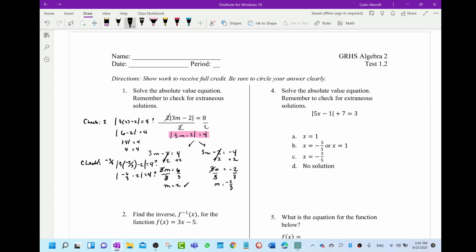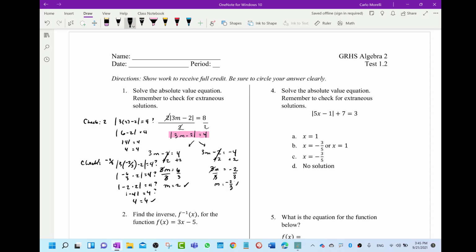And then negative 6 divided by 3 is negative 2, so I've got negative 2 minus 2, absolute value equals 4, and then I've got absolute value of negative 4 equals 4? The absolute value of any negative number is positive, so the absolute value of negative 4 is 4, so 4 equals 4, check, right? So both of them are valid.